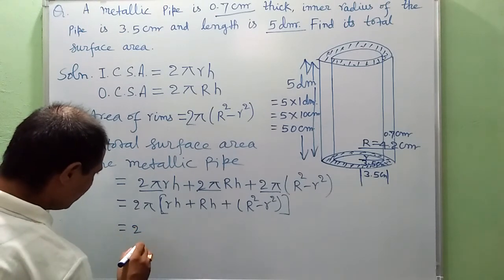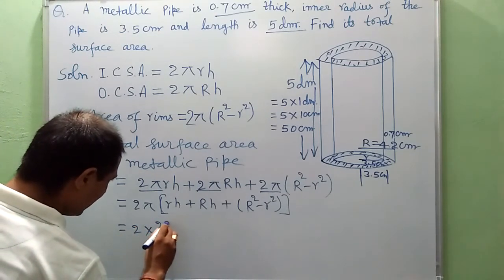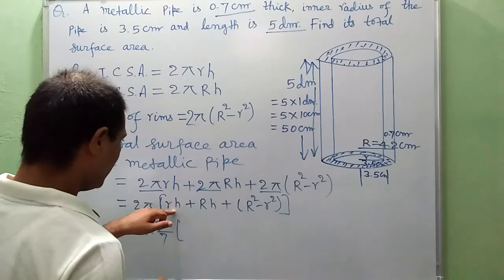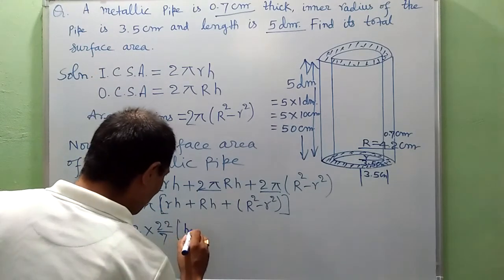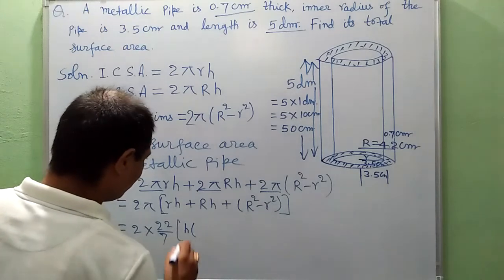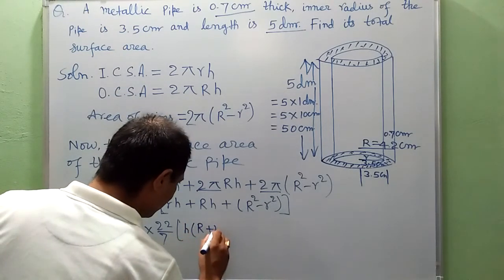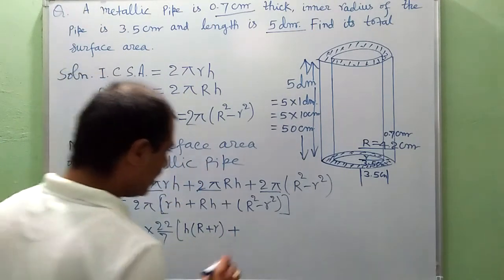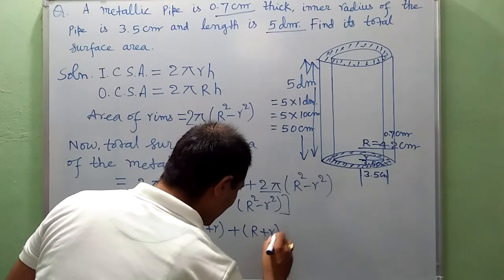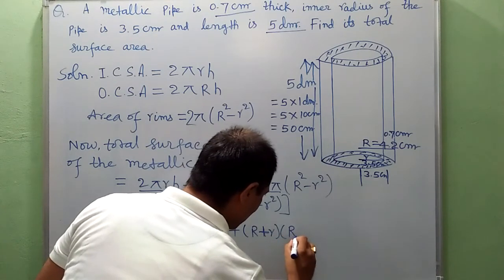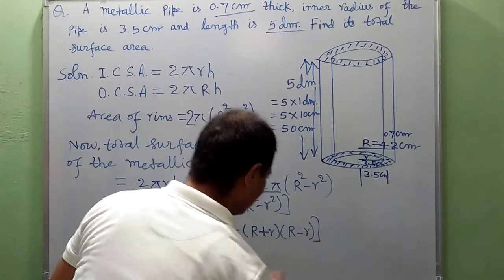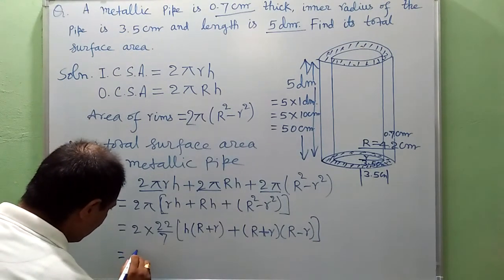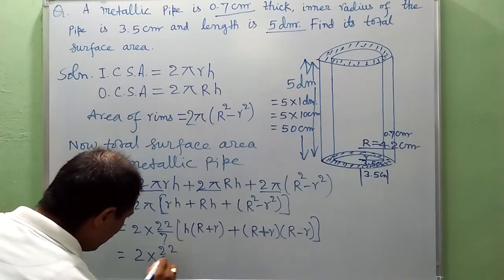It will be 2 pi, 22 by 7. We can take here common pi h into R plus r. Here R square minus r square is R plus r into R minus r. We can calculate it like this: 22 by 7.